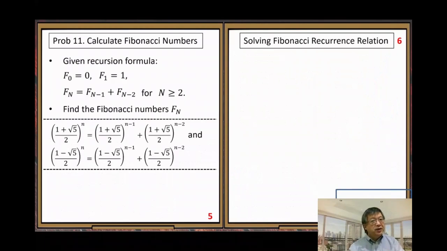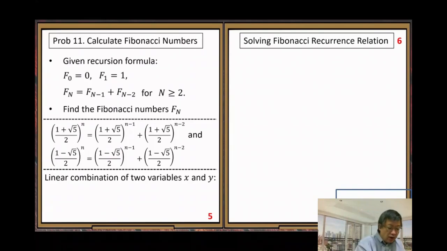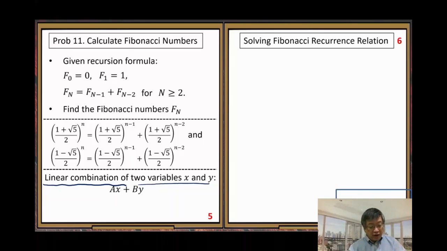Here, in order to combine, I want to introduce a math concept that can help us combine two special solutions. The concept is called linear combination of two variables, x and y. Have you heard of that? Linear combination. So what's that? That is defined by capital A x plus capital B y.